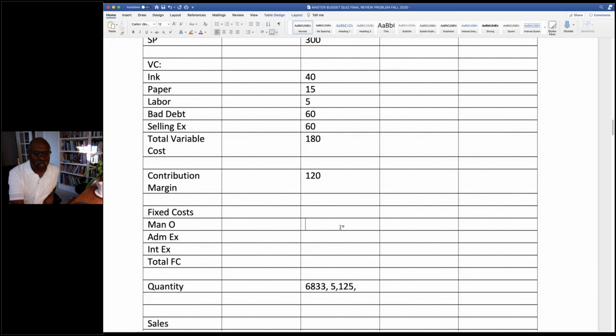Administrative expense, 200,000, and interest expense, 100,000. So we add those up, how much do we get? 820,000.